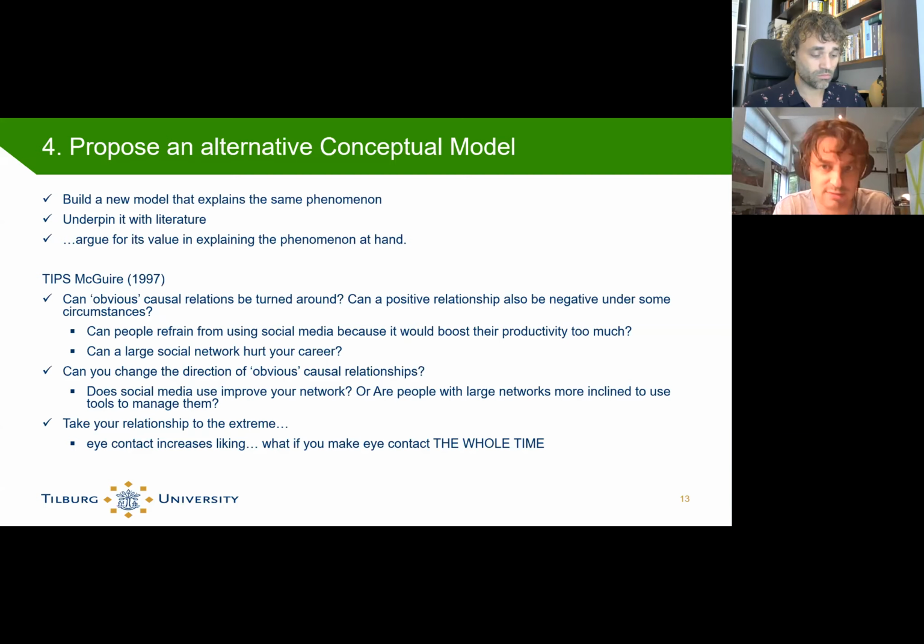They need LinkedIn, for example, right? So you could propose a large network is a consequence of social media use, but it could also be a reason for using social media, right? So another tip is changing the causal direction of a relationship.